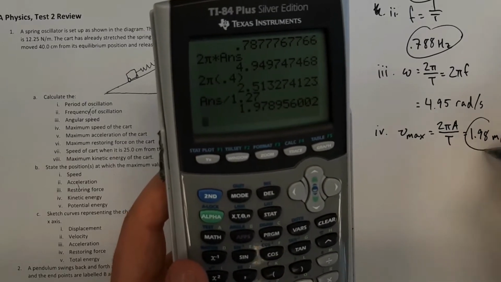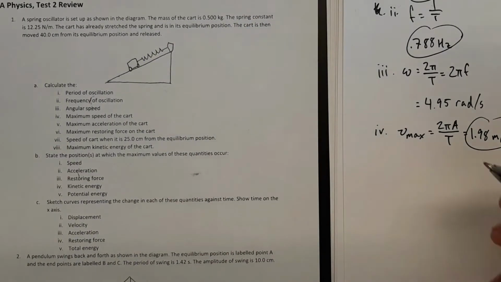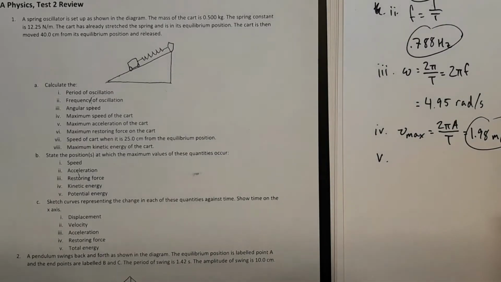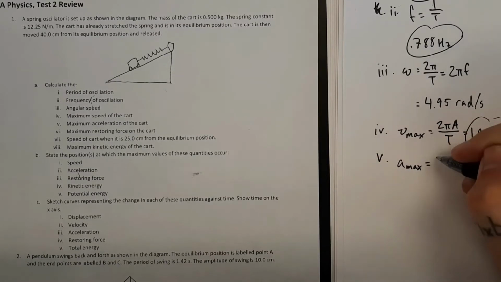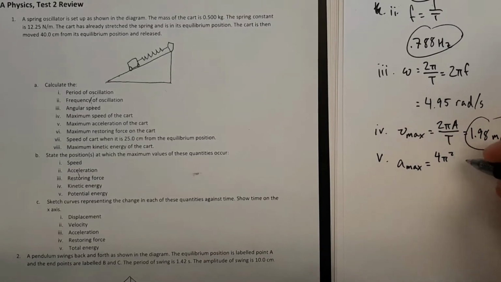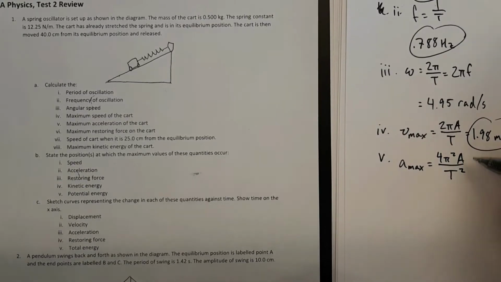Okay, for V, the max acceleration of the cart. Max acceleration is going to be 4 pi squared A over T squared. Alternatively, you could also use omega squared x.